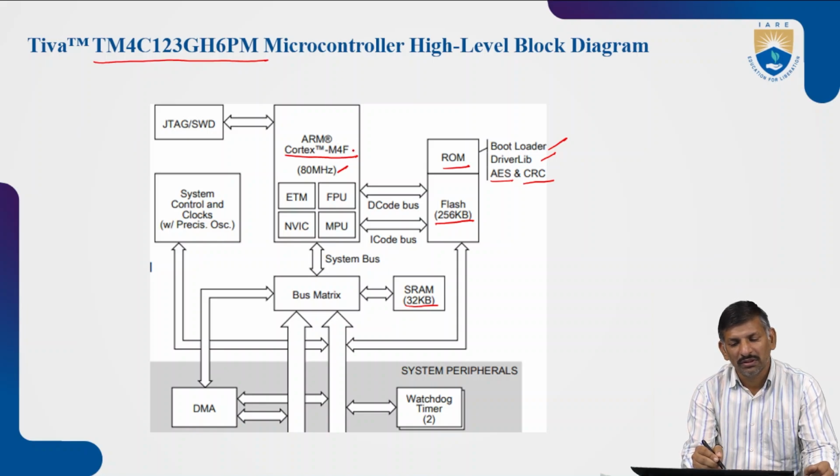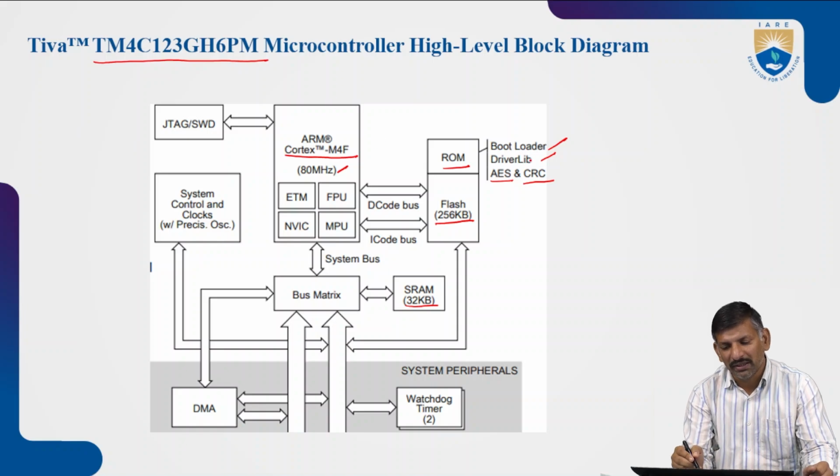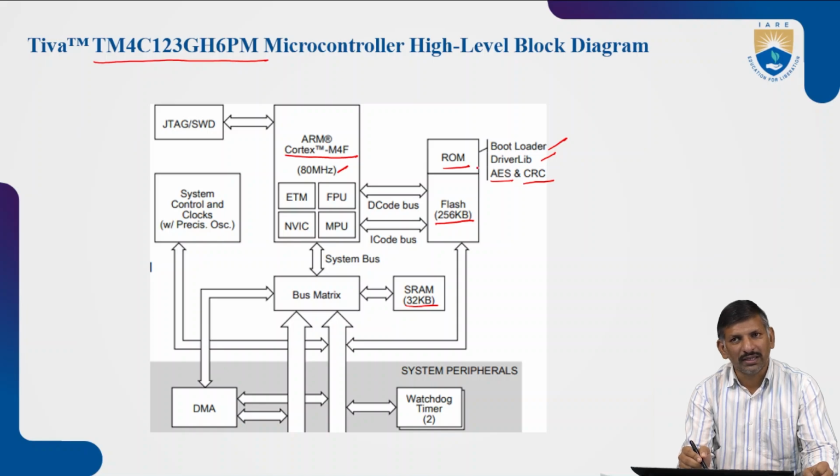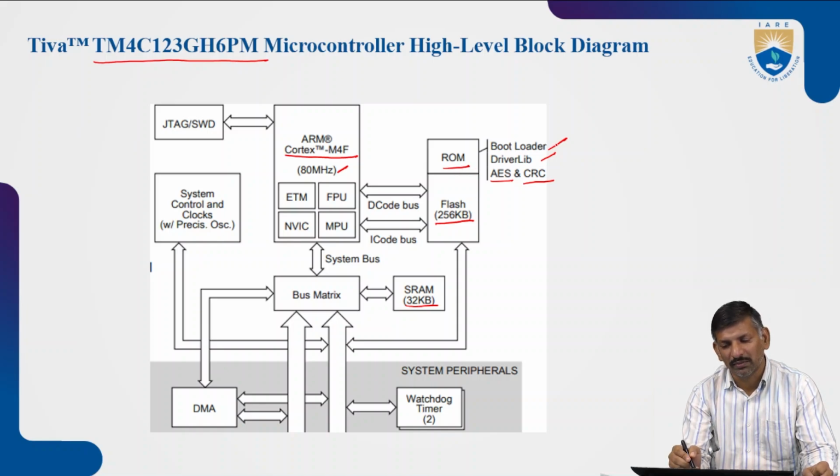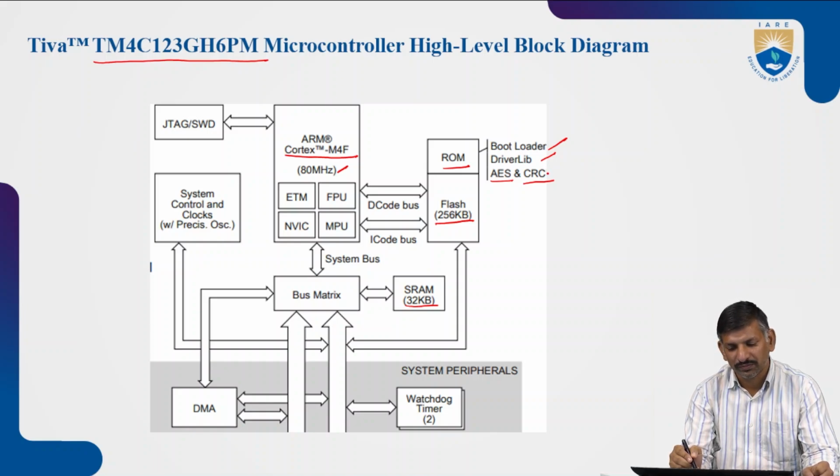It will do the floating point operations. Coming to the memory, it contains 32 kilobytes static random access memory, 256 kilobytes flash memory, and it contains read-only memory for storing the bootloader, driver library files, advanced encryption standard files, as well as cyclic redundancy code.